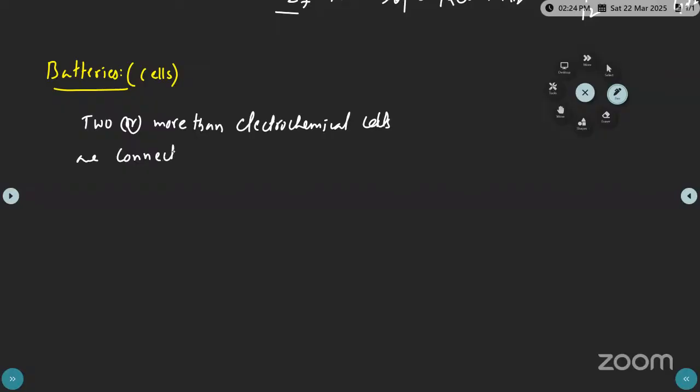For example, in a car battery, 6 electrochemical cells are connected in series.